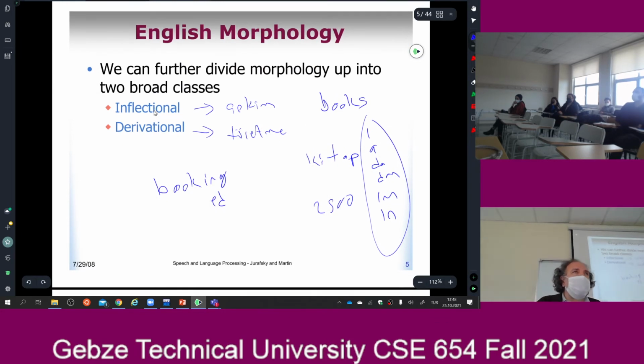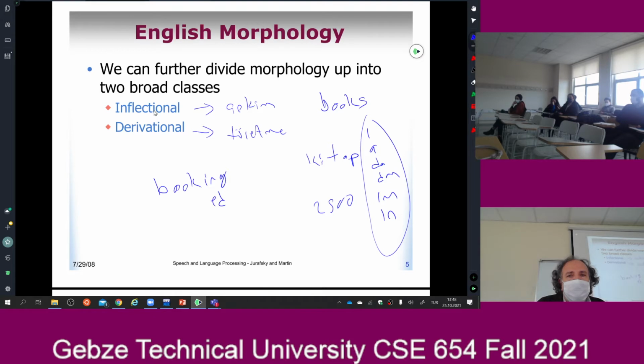So English morphology, like Turkish morphology, we can divide into two: inflectional and derivational. Inflectional is çekim ekleri, derivational is türetme ekleri or türetme morfolojisi. In English, when it comes to inflectional morphology, there is not much going on, right?